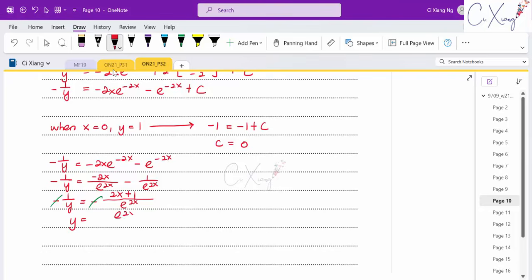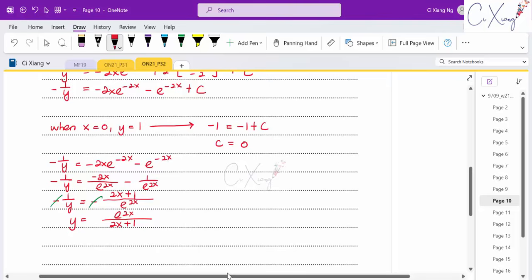I want to get y in terms of x. Then I will move the fraction upside down. Okay, so if you rephrase it correctly, by right, you should get this as your final answer, y in terms of x. Okay, yeah, so this is how we solve question number 7.